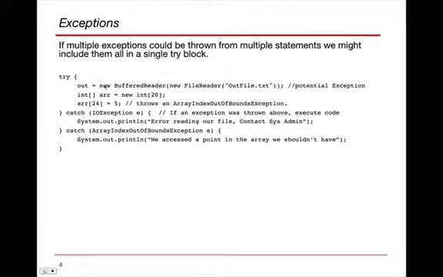So what will happen is if an error occurs on this line, it will throw an IOException and it will look at all the try-catch blocks and find the first one that matches, which in this case is IOException. If an error occurs here, which it does, it will throw an array index out of bounds exception. It will look at the subsequent and sequential catch blocks, find the one that matches, and then execute the code that is within it.